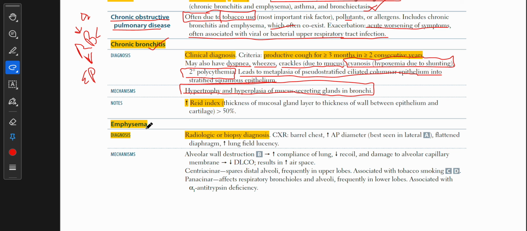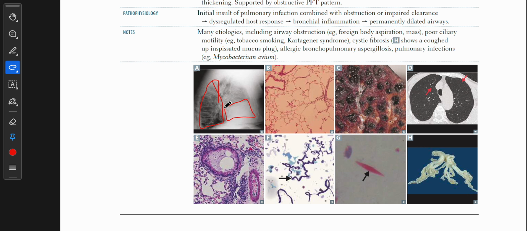and increased lung field lucency. So here you can see this X-ray right here; you can see emphysema.